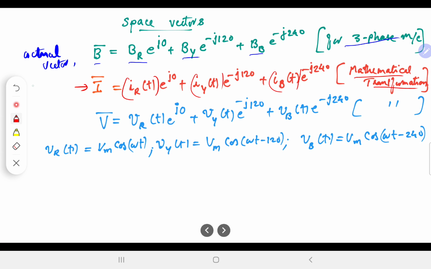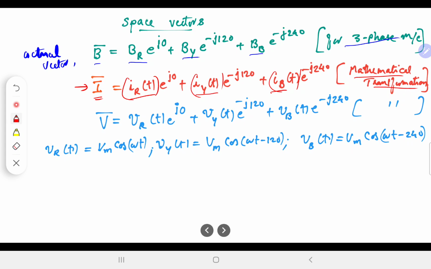It's an imaginary thing, a mathematical construct rather than a physical vector. B is a real vector in physical space. I is a mathematical construct. So we can generate a mathematical quantity comprising the R phase current, the Y phase current, and the B phase current. It will be a single quantity which represents the three of them.